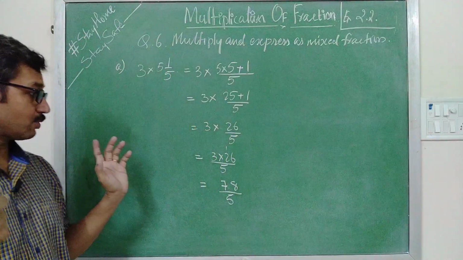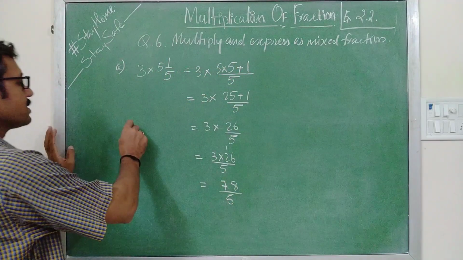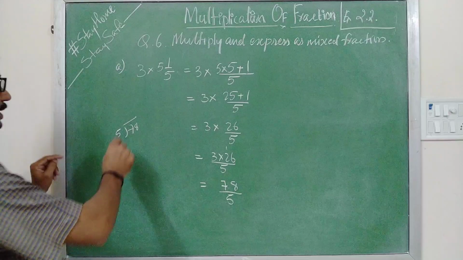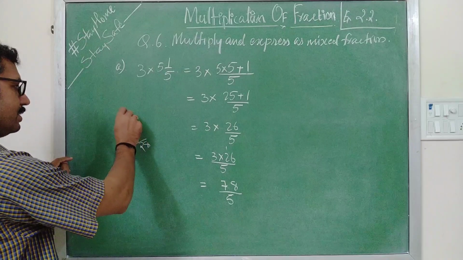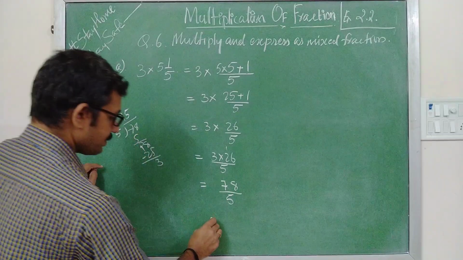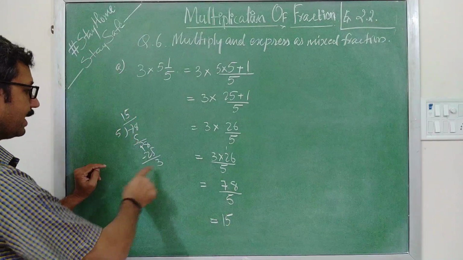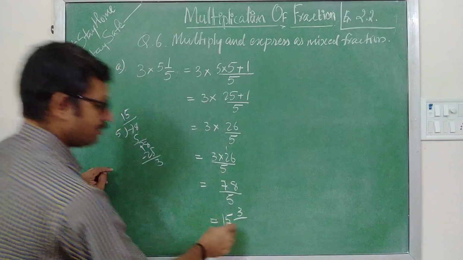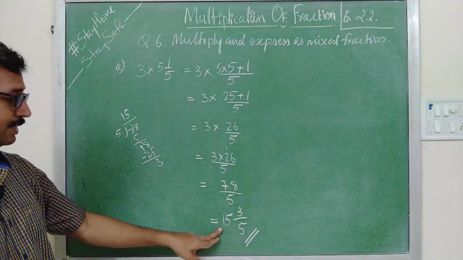Now they told us to convert it into a mixed fraction, so we divide 78 by 5. 5 ones are 5, 5 threes are 15, 5 fives are 25, minus 78 we get remainder 3. Now the quotient is the integer and the remainder is the numerator, upon 5. So this is the answer: 15 integer 3 upon 5.